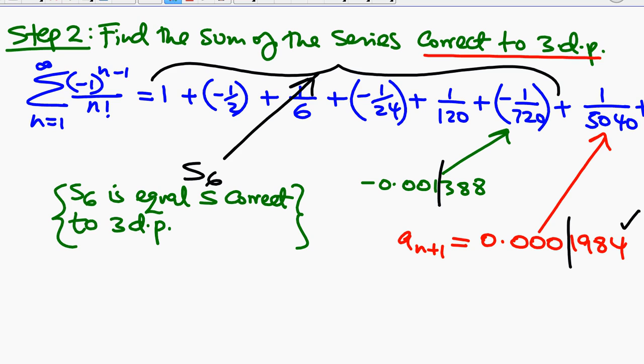Remember, we are trying to estimate the sum of the series. What we're saying here is the sum of the first 6 terms will be equal to the sum of the series correct to 3 decimal places. Why? Because the error is at most 0.000198 when we approximate the sum of the series correct to 3 decimal places.